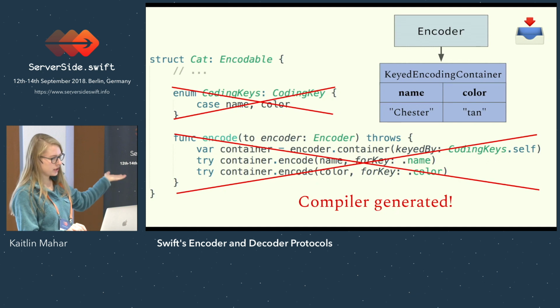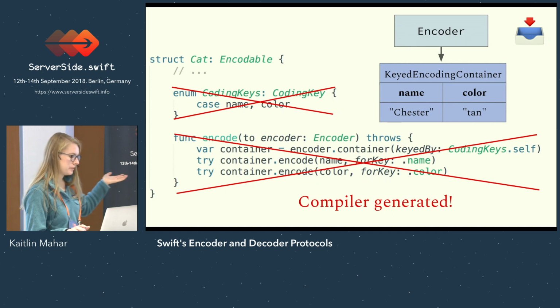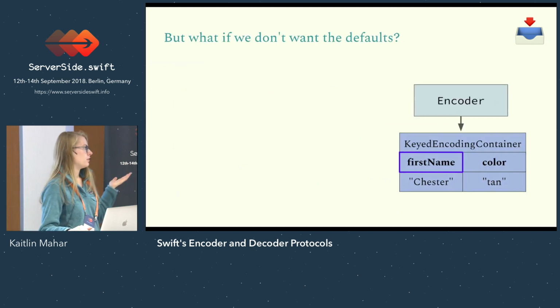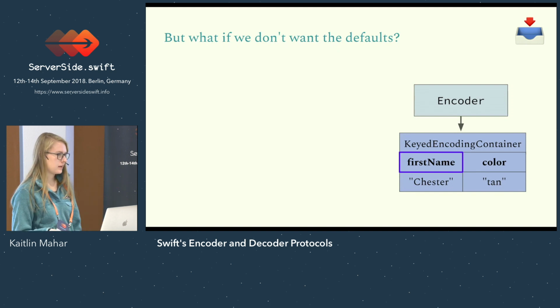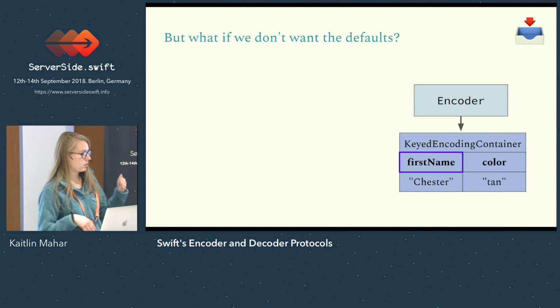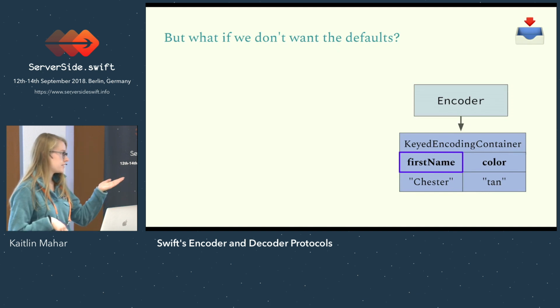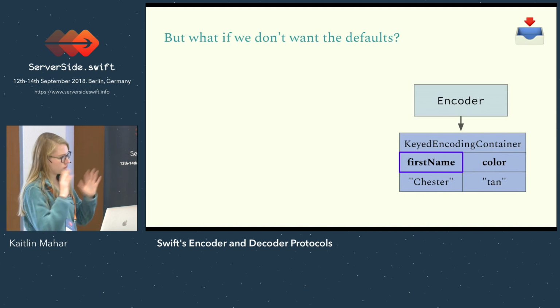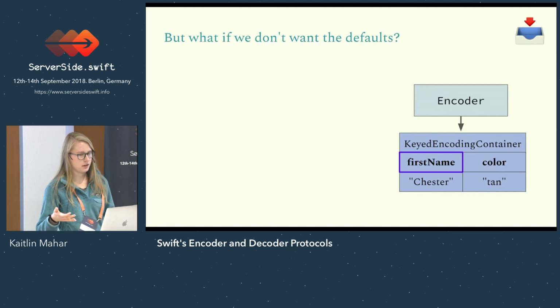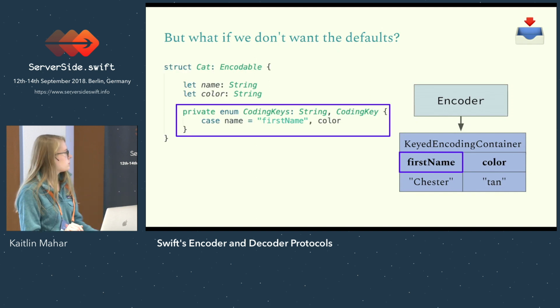But of course, we don't actually have to write this. It's compiler generated. But what if we don't want that default behavior and we want to do something different? Say, for example, I'm going to send this cat to some API that requires the cat's name is called first name. But I don't want to change my type internally. I still want to call it name there. So I can do that by just overriding the coding keys.